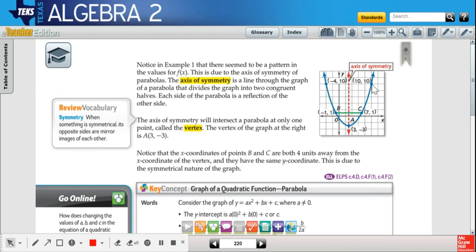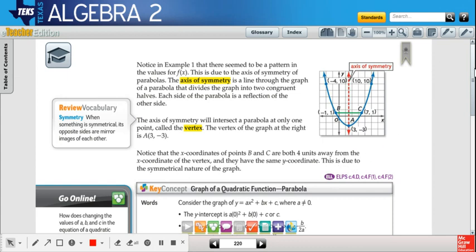The y values are the same. So if you match each point horizontally from left to right, they should have the same y value. There's a pattern there. But mainly we're going to focus on the axis of symmetry and the vertex, which will help you graph in this section and 4.2.